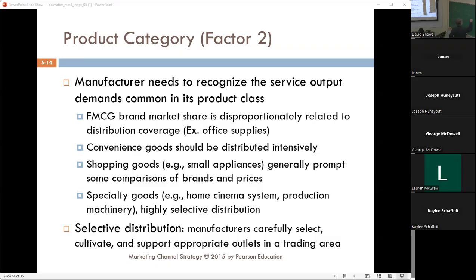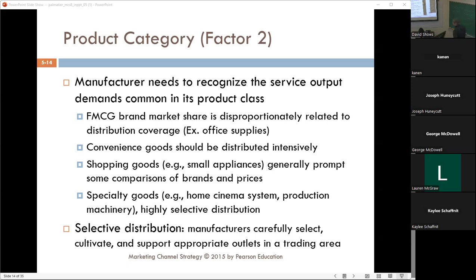Along with staples, you also have emergency items. These are items like umbrellas, or like today, where you need a good warm set of gloves. And then along with convenience, there's also what are known as fast-moving consumer goods, or FMCG.